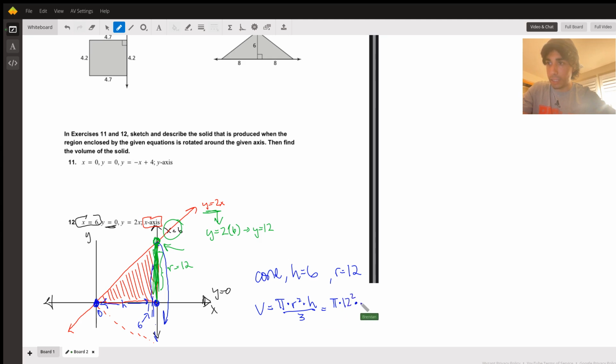We put the height in, that's a 6 over 3. Once again, that's going to go straight into the calculator. Let's see what that gives us. That's going to give you an answer of 904.78 units cubed.